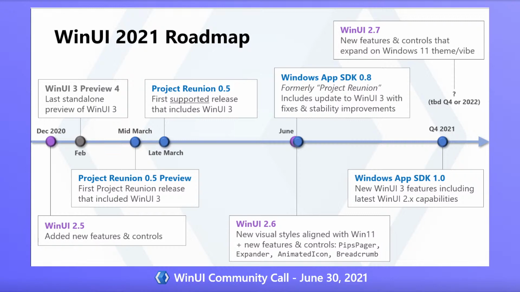So we're still sorting out the time frame for 2.7. But if 2.7's out, then we'll make sure that WinUI 3 has those capabilities. And if it's not yet out, we'll at least make sure that all the 2.6 stuff that we just released last week is all included in there as well. So I think that pretty much covers this one, Anna. You can probably move on to the next slide.